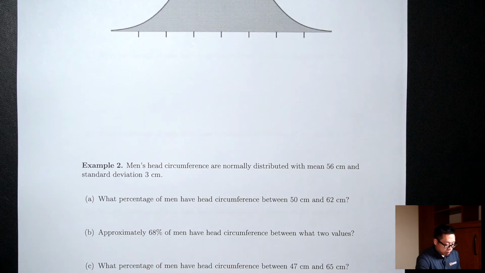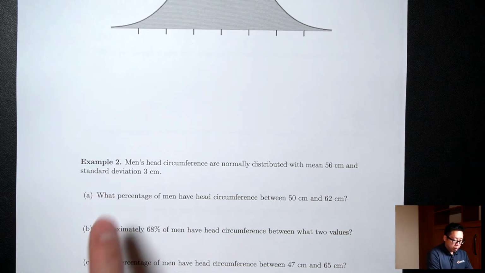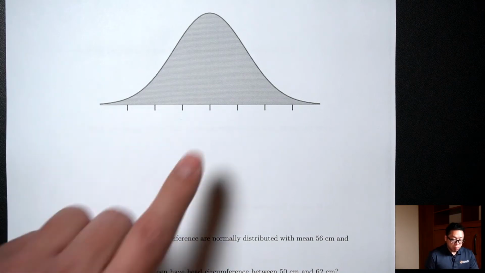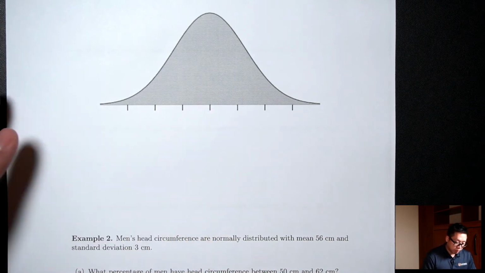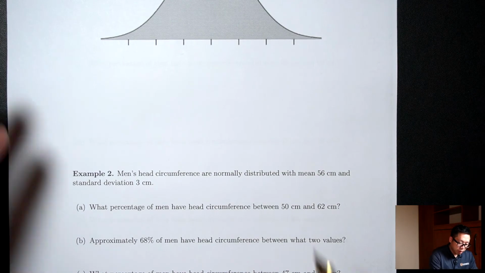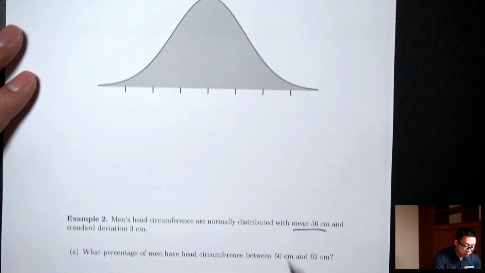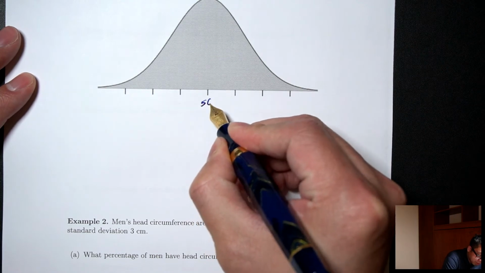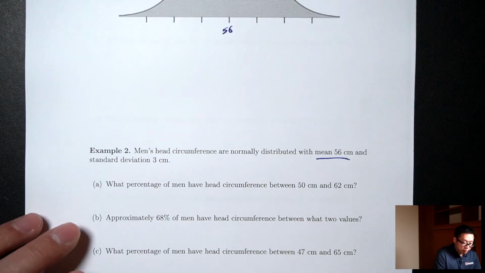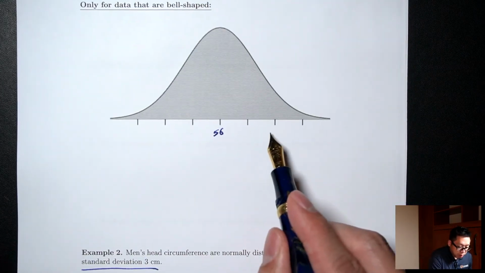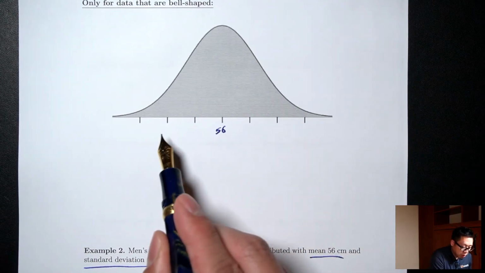So if I know the mean and I know the standard deviation, I'm going to fill out this picture. We're going to put the mean in the middle. What's the mean? 56 centimeters. So put the mean in the middle. Then we're going to use the standard deviation, which is 3 centimeters, to go up 3 times and then down 3 times.